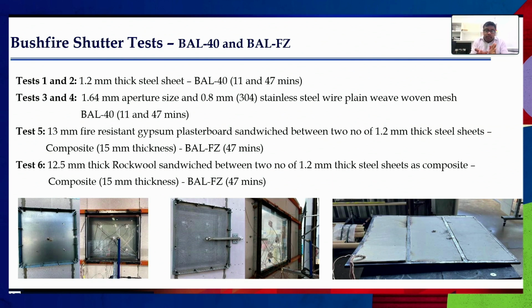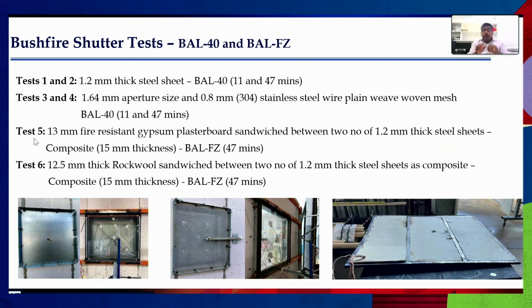So we have a distance between the glass panel and the steel sheet, that is the shutter. You can see it here, the bottom left corner, that's the glass panel, and that's the shutter. And then for test 3 and 4, again for two exposures, we had a 1.64 millimeter aperture size mesh of stainless steel, a woven mesh.